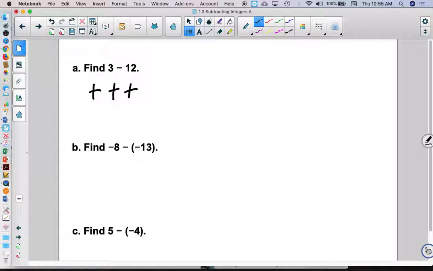Now, everybody take 12 away from your 3. You can't do it. But can I make sure that I have 12 positives? Can I add enough zeros to where I have 12 positives? So add however many zeros it takes to equal 12 positives.